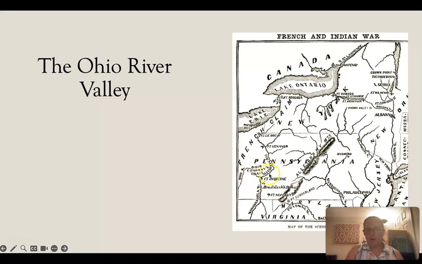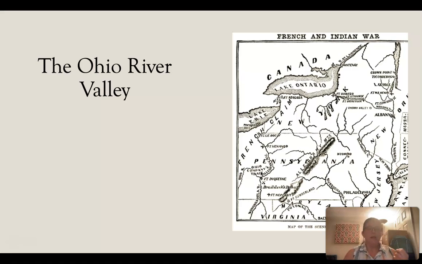This fork area where you've got three different rivers coming together. They see this as prime real estate. And so they organize a company and they obtain a large grant of about 200,000 acres in the upper Ohio River Valley. And so they plan to start settlements there and create a road.